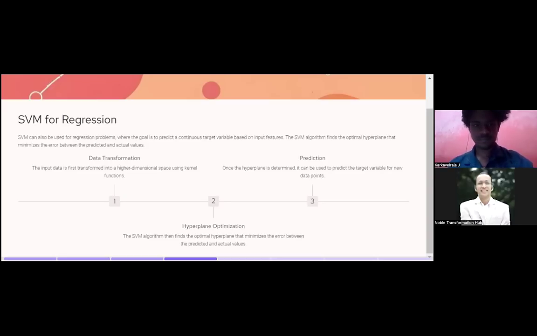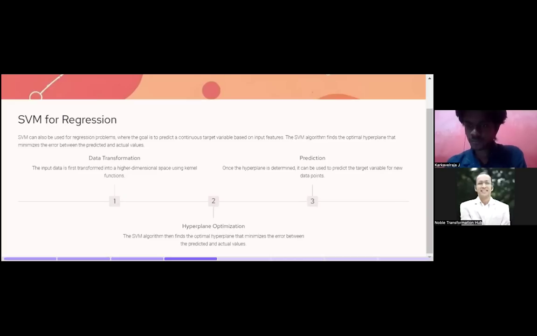An SVM algorithm can find the optimal hyperplane that minimizes the error between the predicted and actual value. When we talked about SVMs, they are made up of margins and the hyperplane.